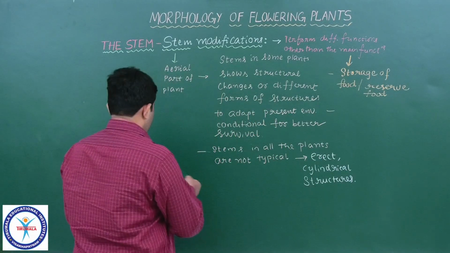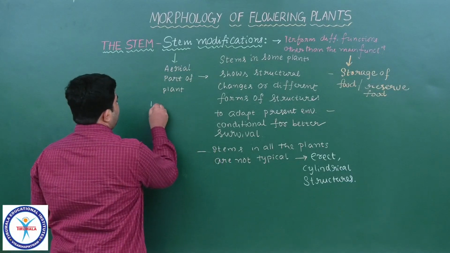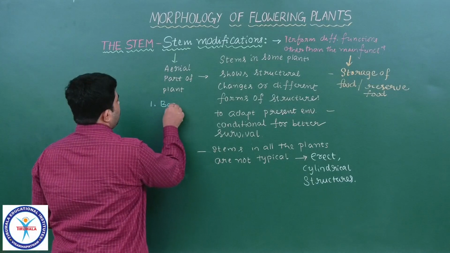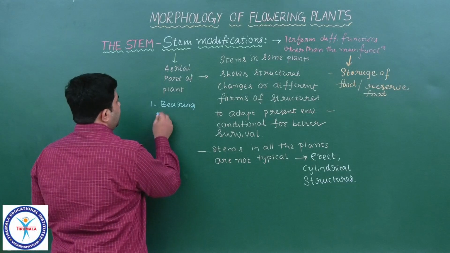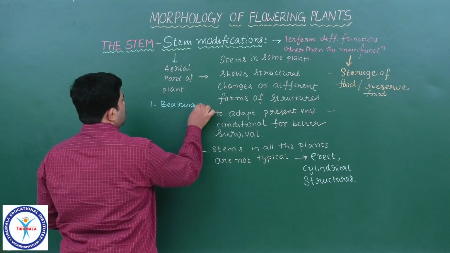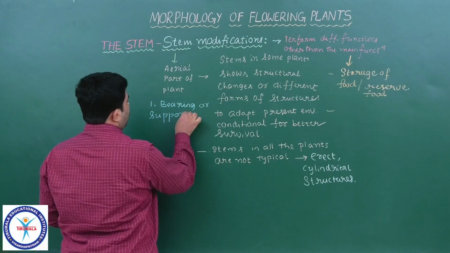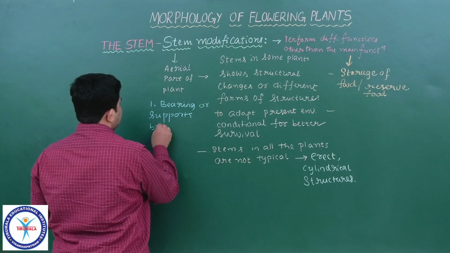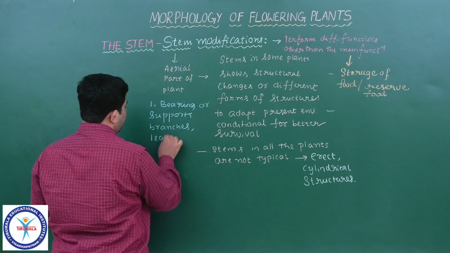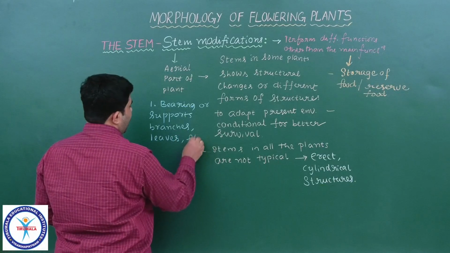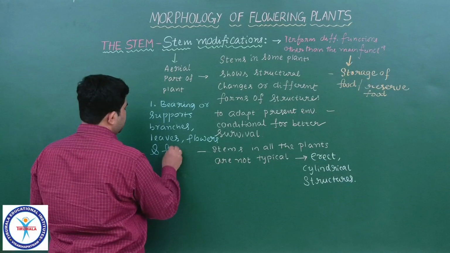The stem generally performs the functions like, what are the main functions? Bearing or supporting branches, leaves, flowers and fruits.